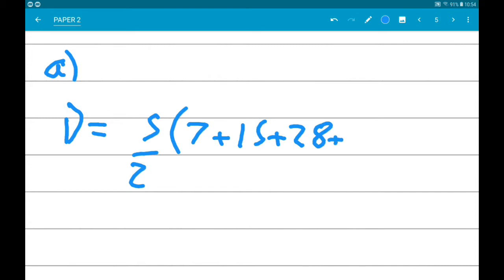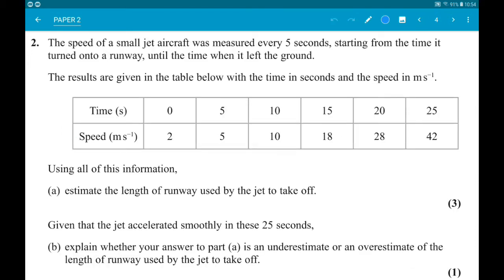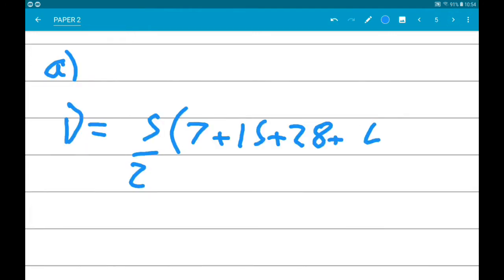And then 18 add 28 is 46, and then 28 add 42 is 70. Okay, now using this method, my estimate is 415 meters.